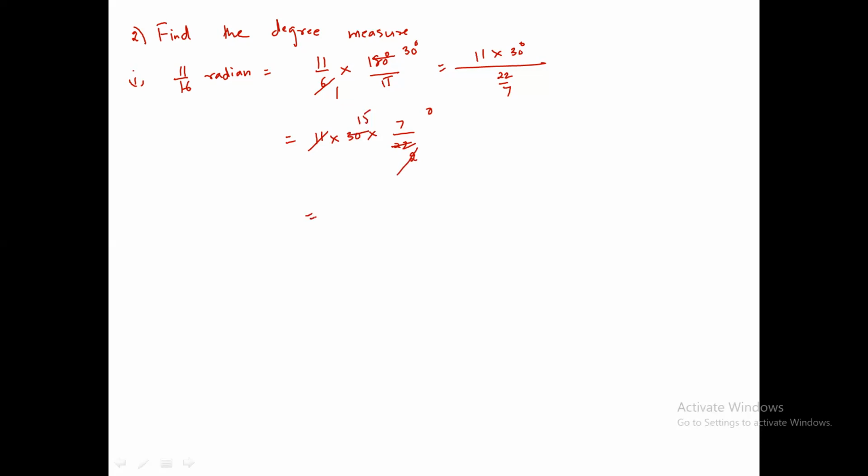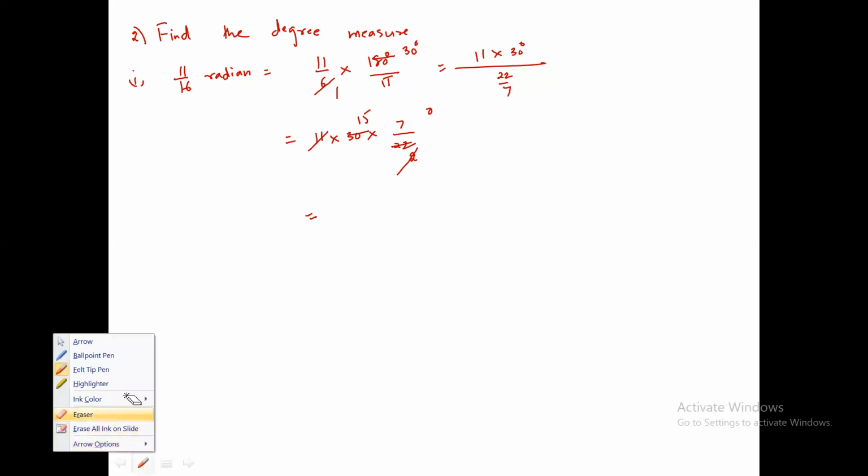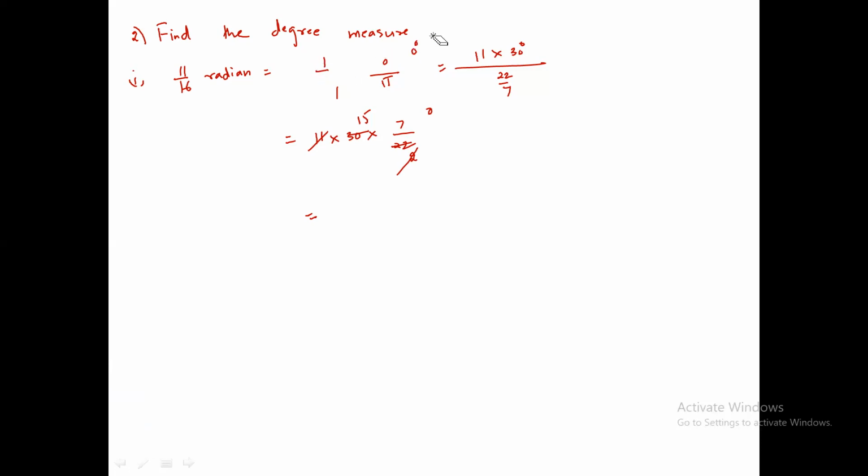So I have 15 into 7. Oh, I made a mistake. Instead of writing 16, I wrote 6. So we will do it from the beginning.